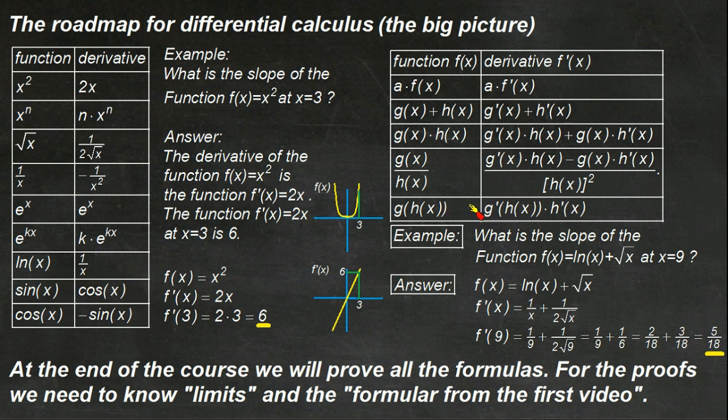But don't be afraid, I'll explain it step by step and you will understand it. In the third part of the course, we will prove all entries in Table 1 and Table 2. That sounds a little bit difficult, and it is difficult, but it is possible.